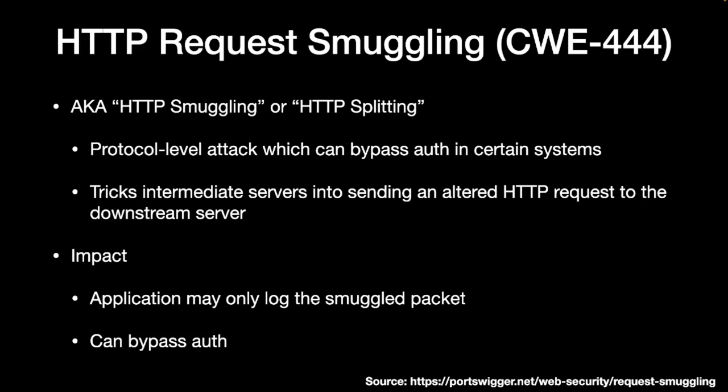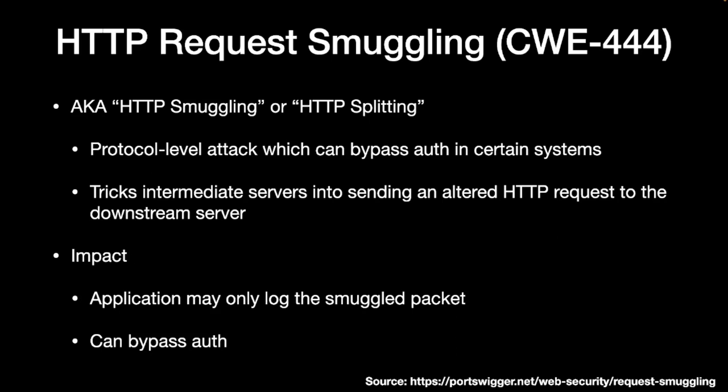So the impact here is that the applications may only log the non-smuggled packet, or they may only log the smuggled packet. And either way, you're going to lose context. You're going to lose if there was an obvious HTTP smuggling attempt, because the HTTP packet was crafted in a way where there's obviously an attempt at this hack.